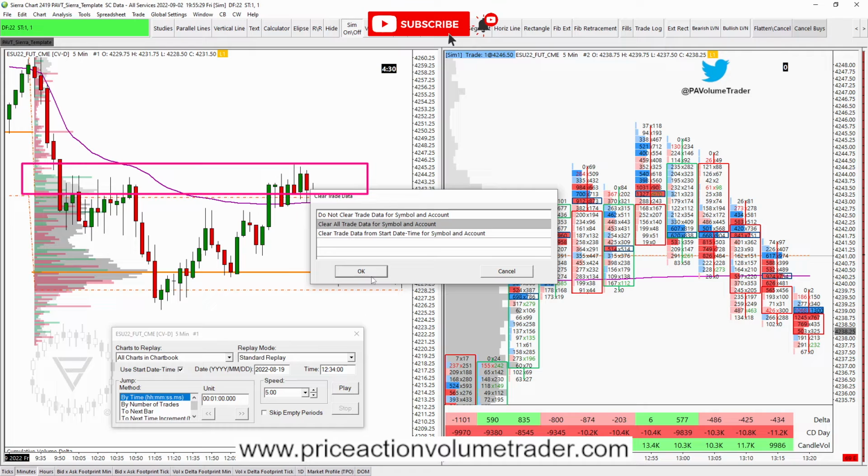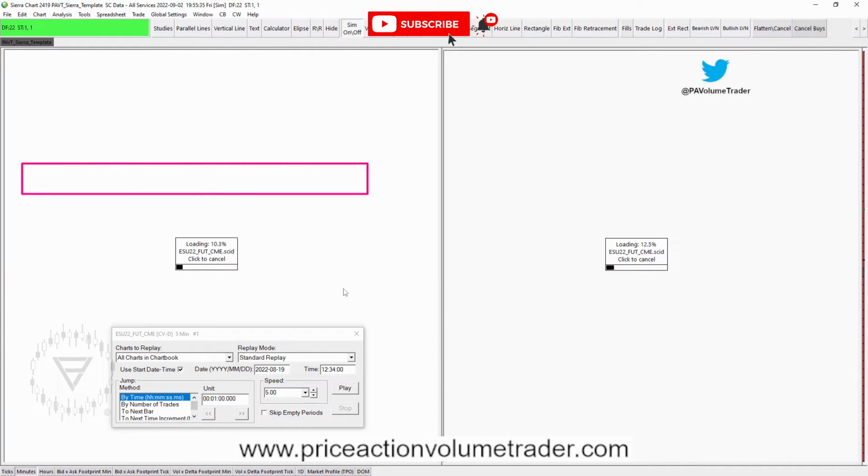It's gonna take a little bit to load here, but basically this is one of the best functions that you can do to practice, is just to use replay functions, and that way you can simulate trading and go back and observe what was happening in real time. So let's just let this load up here.